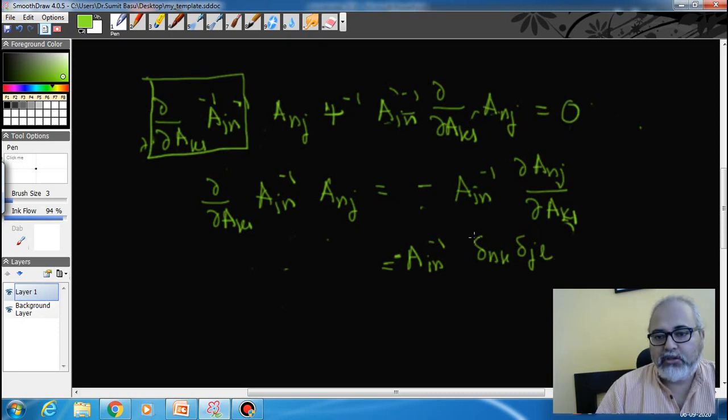So this whole thing will be equal to 1 only when n is equal to k as well as j is equal to l. That's only when this quantity will give you 1. Otherwise, this quantity will give you 0. So this does the same thing. It gives you 1 when n is equal to k, j is equal to l, and gives you 0 otherwise.